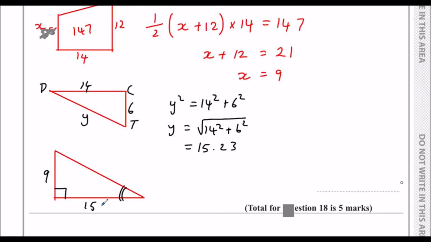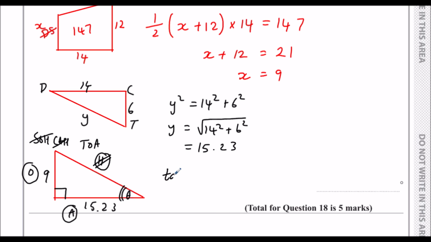The adjacent is 15.23. And we want to find the angle. So we've got the opposite and the adjacent. We're not using the hypotenuse. So it's not SOH or CAH. It's TOA. So tan of the angle is O divided by A, 9 over 15.23.